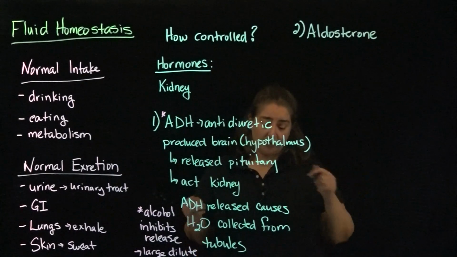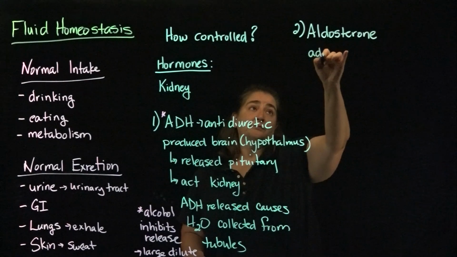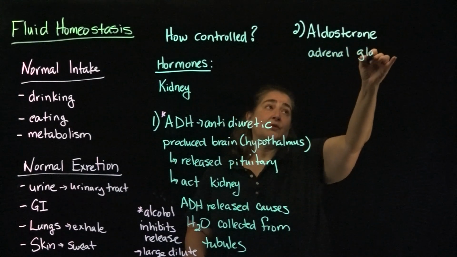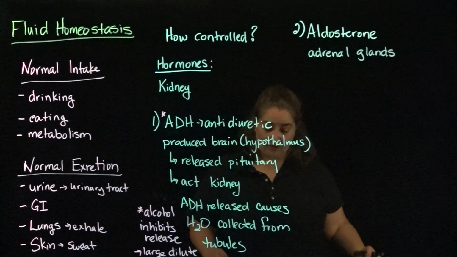Aldosterone is another one of the important hormones. This one is going to be produced within the adrenal glands that sit on top of the kidney.